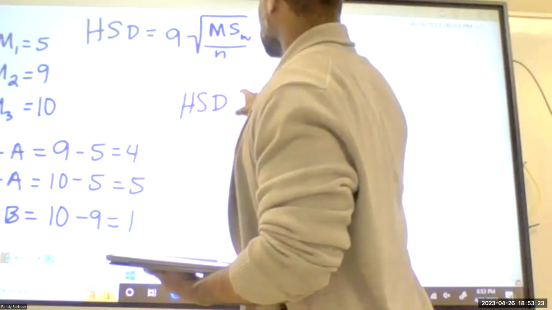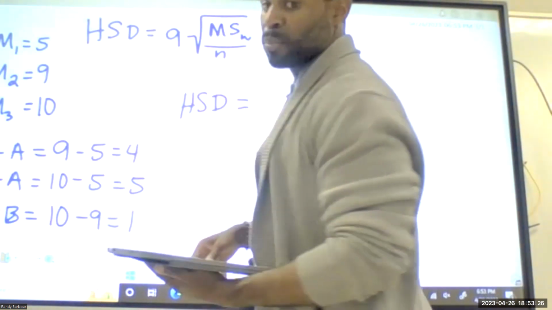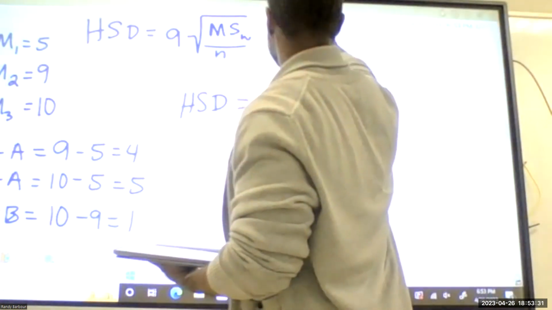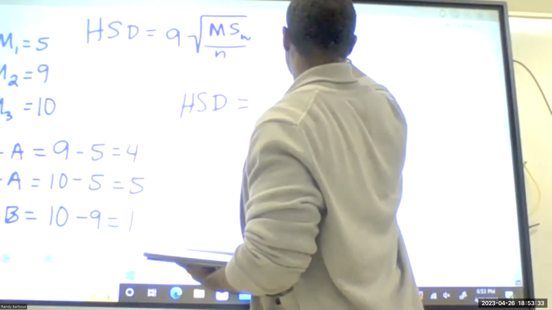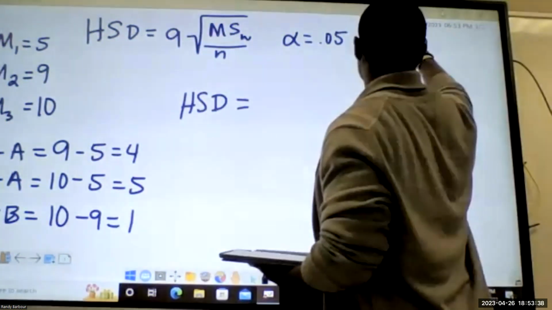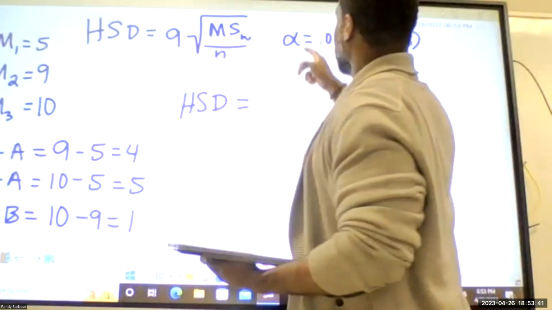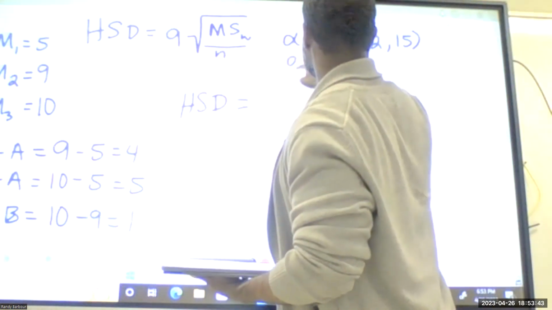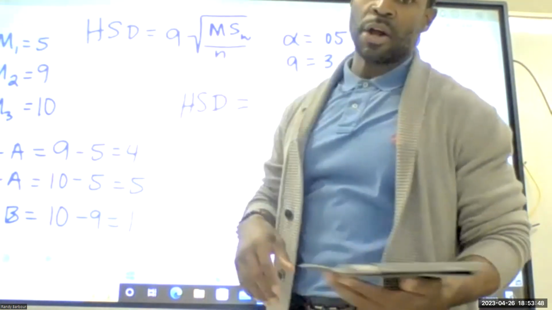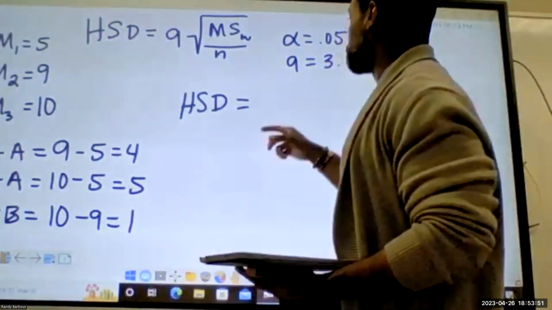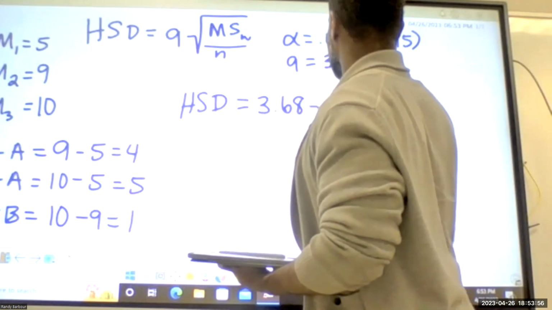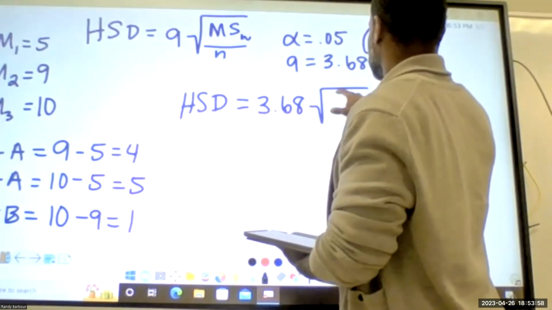The value of Q is 3.68, using the alpha level of 0.05 and degrees of freedom of 2 and 15. Again, you can locate that on your table. So we have 3.68 times the square root, which is going to be 5.87.